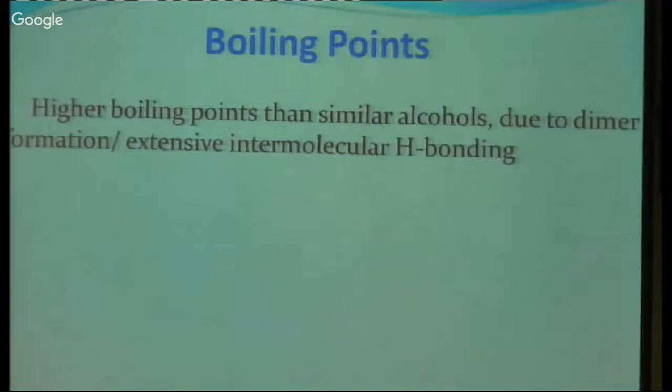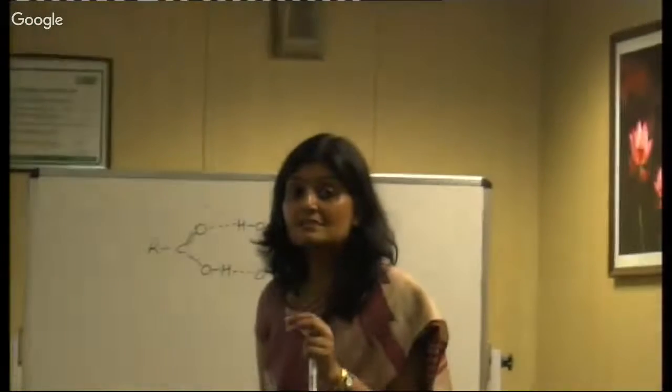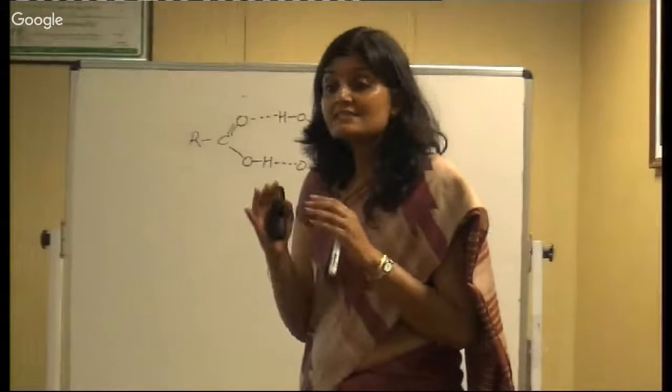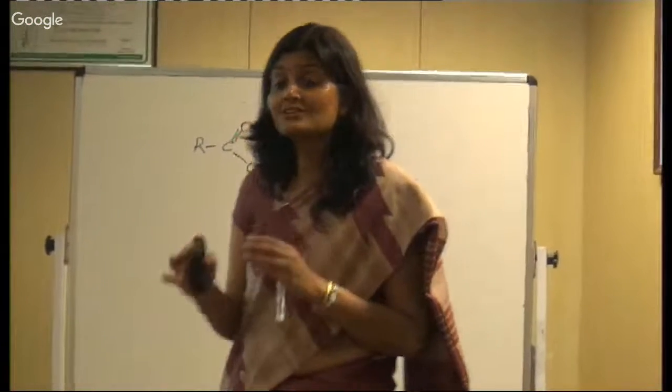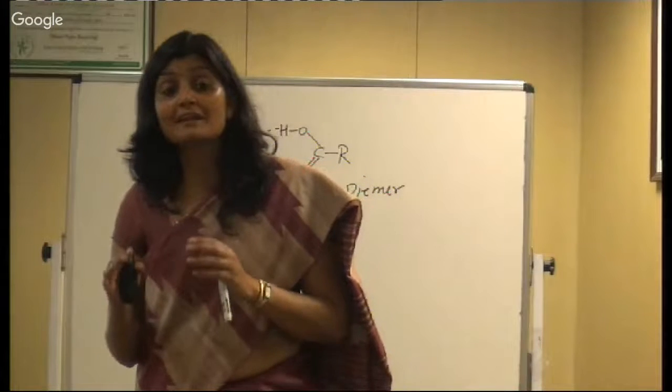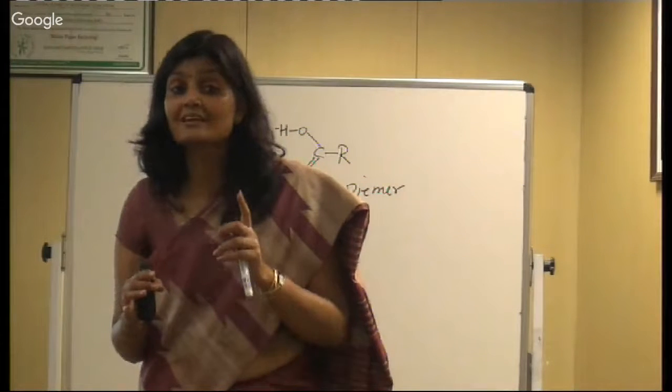I have shown the dimeric structure which exists in the vapor phase and in aprotic solvent, and in solution phase, they exist as extensively hydrogen bonded structures where the hydrogen bonding takes place through intermolecular hydrogen bonding.